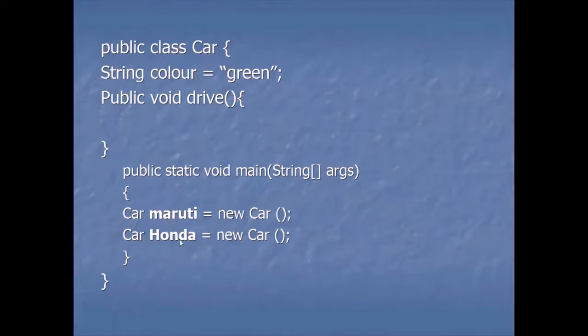Here objects are Maruti and Honda for the class called car. So object is an instance of the class. Car Maruti equal to new car. So car is a class name, Maruti is an object.